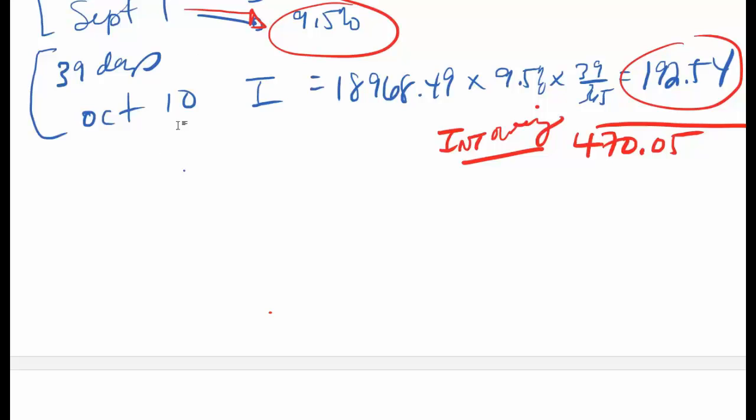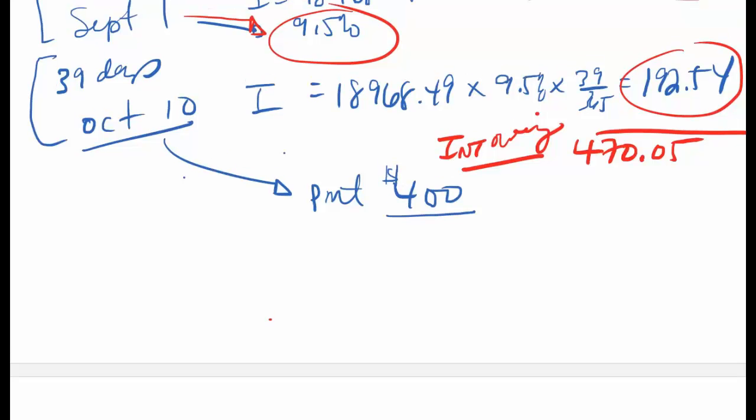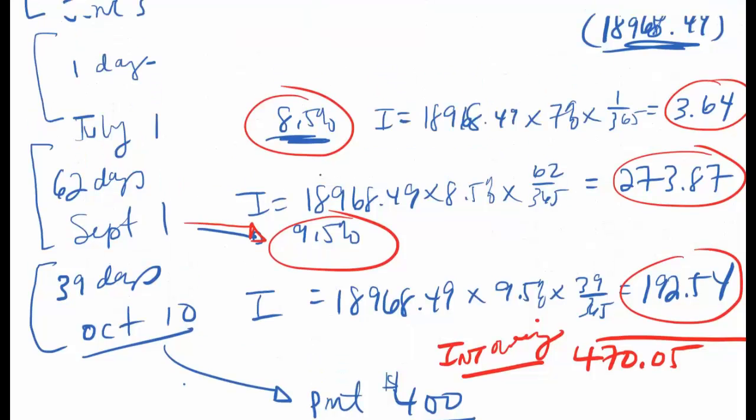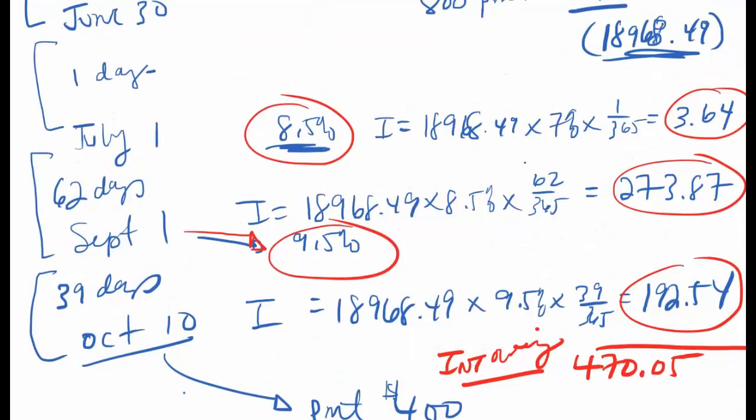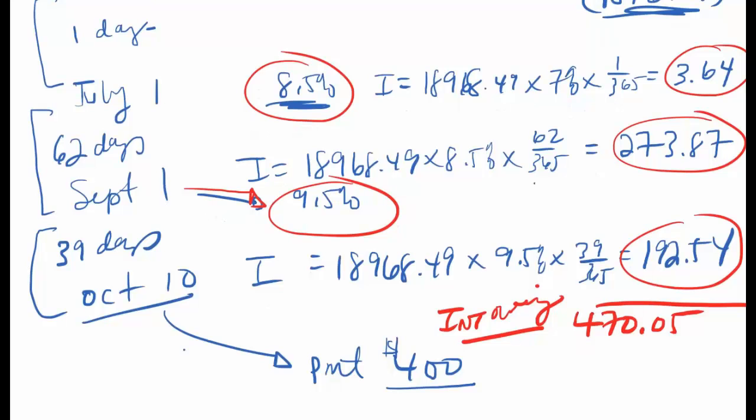The reason we went to October 10th, by the way, was because there's a payment. If you look, payment of $400. So let's recap: we've got 1 day of interest at 18,968.49 at 7%. $3.64 is owing.